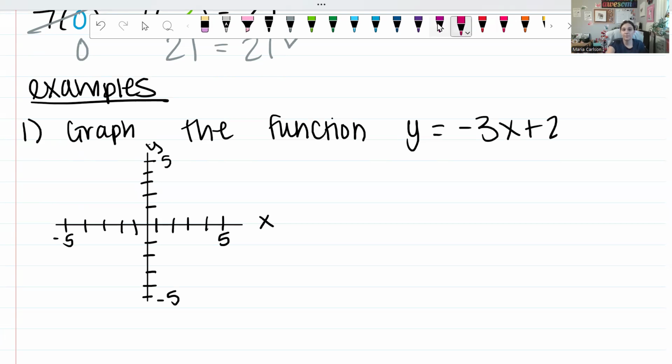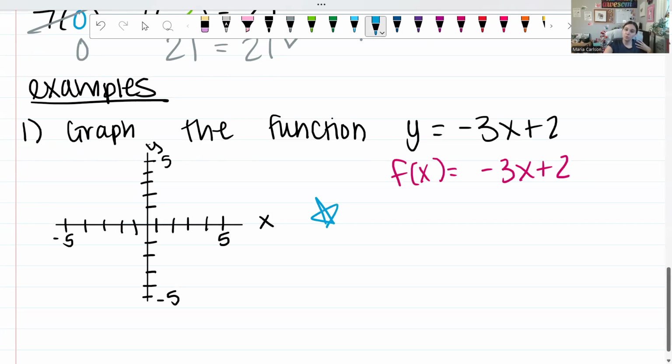Okay, so to graph this function, this is an equation, right? This is the function equation y is equal to -3x plus 2. This is really like f of x is equal to -3x plus 2. And really to graph this, you need 2 points. Yes, you can use your slope and your y-intercept, but at the core, you just need 2 points.